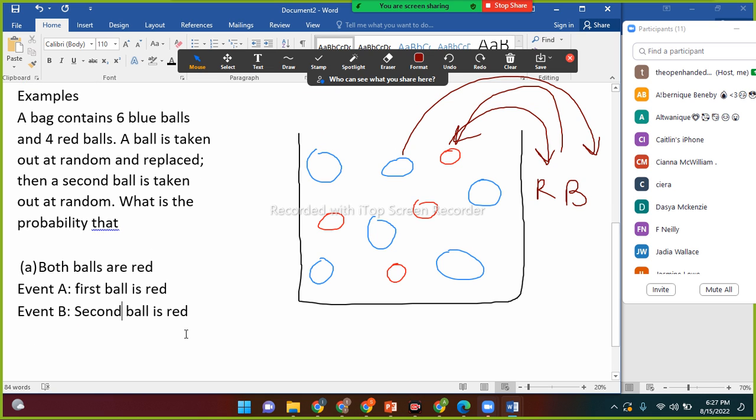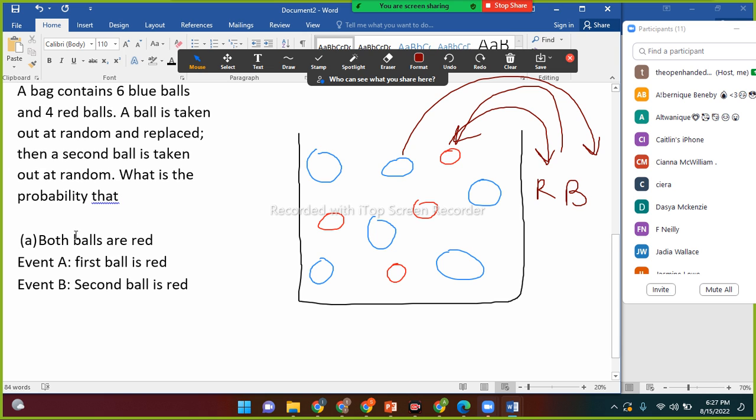All right, so both balls are red. That is the probability that they want us to define, the probability that both balls that we take are red. In order for that to happen, the first ball we take must be red, and the second ball we take must be red. So in effect, we're trying to find a probability of A and B, because we're trying to find the probability that the first ball is red and the second ball is red.